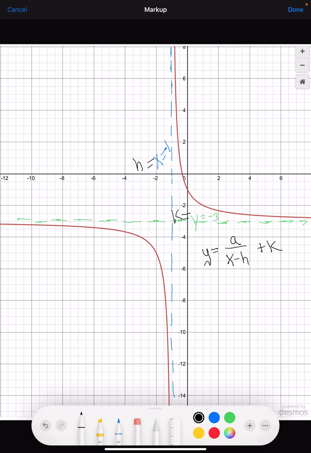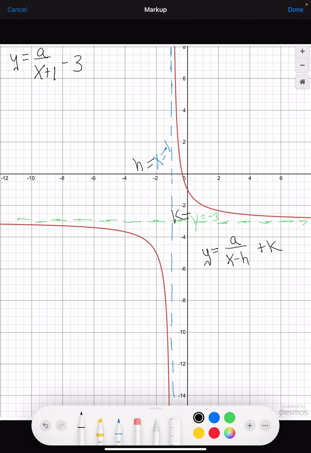So what we're going to do is plug our h and k into our equation. So we're going to have y is equal to a over x. Now we have a minus in the equation and a minus for the -1 for the x value or h value, so that's going to be a +1. And then -3 for our k value.